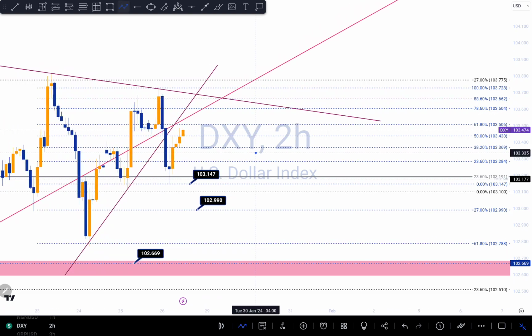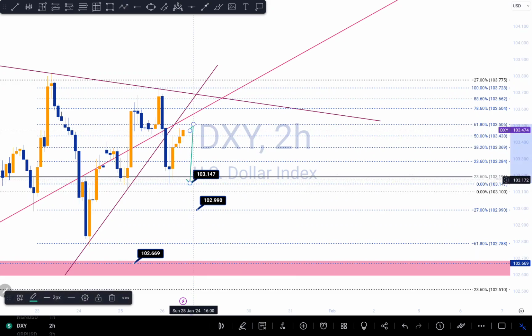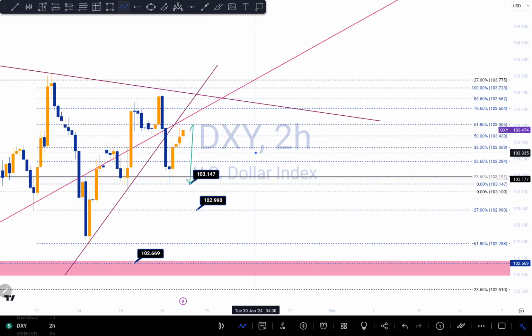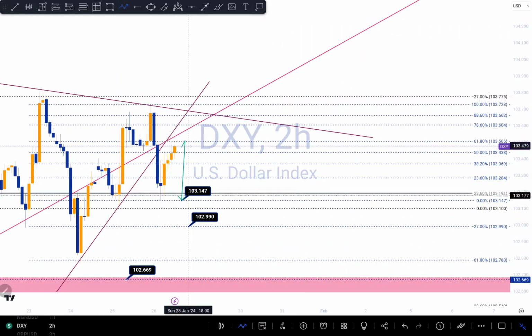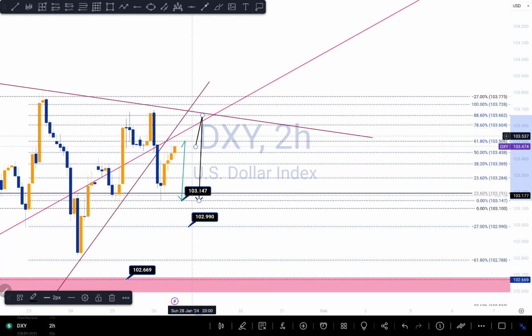So now I think we might come here to push right here. Just like I said, we might push up here to go to the downside.